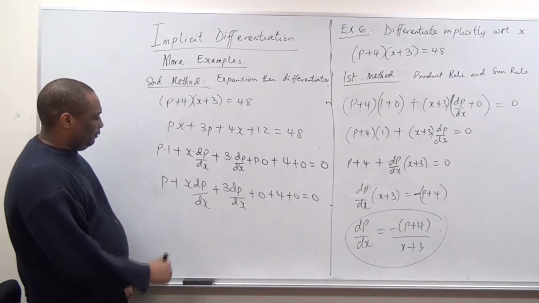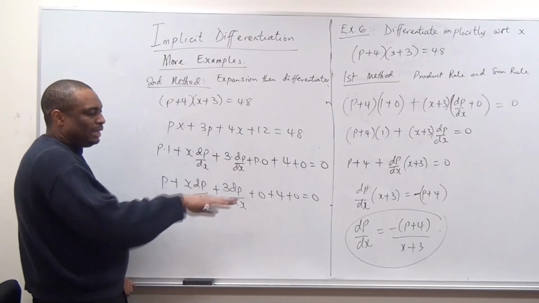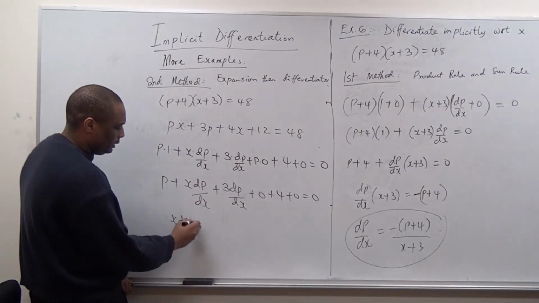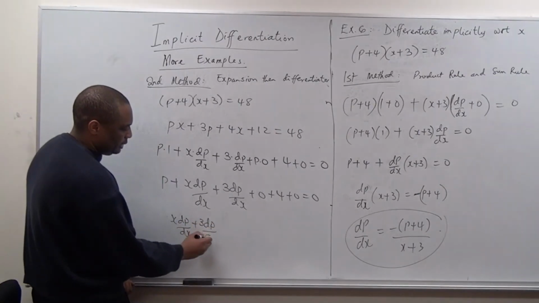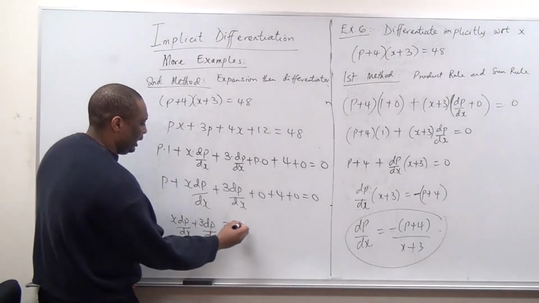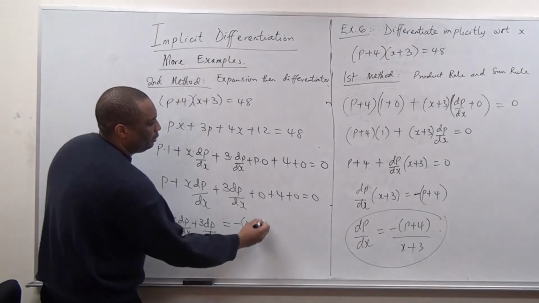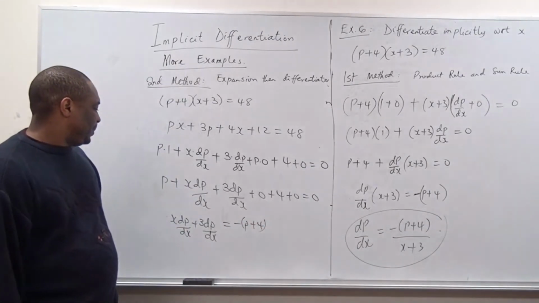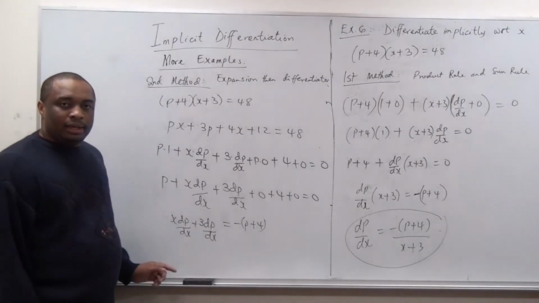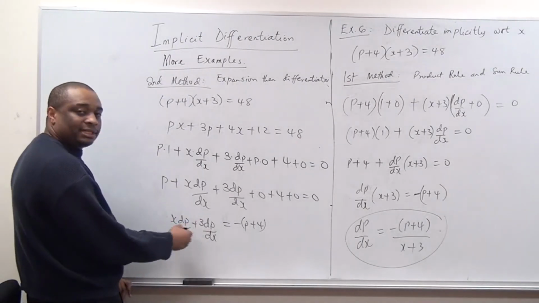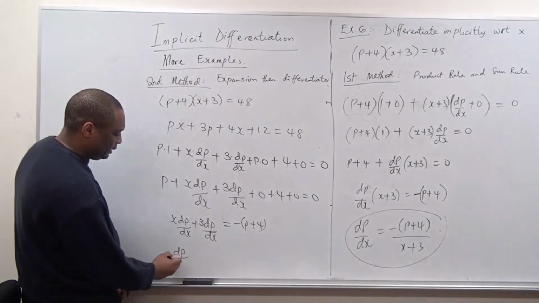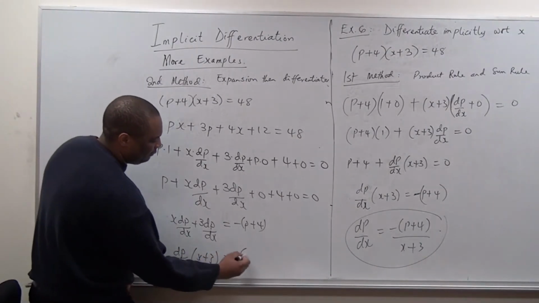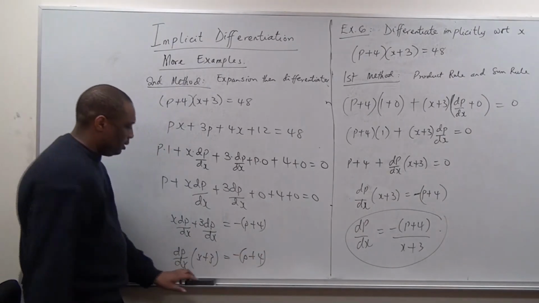Let me move all things and get the like terms together. So this is x dp/dx + 3 dp/dx equal to negative (p + 4), or you say negative p, negative 4. And then dp/dx is common, so you bring it out: dp/dx times (x + 3) equal to negative (p + 4).